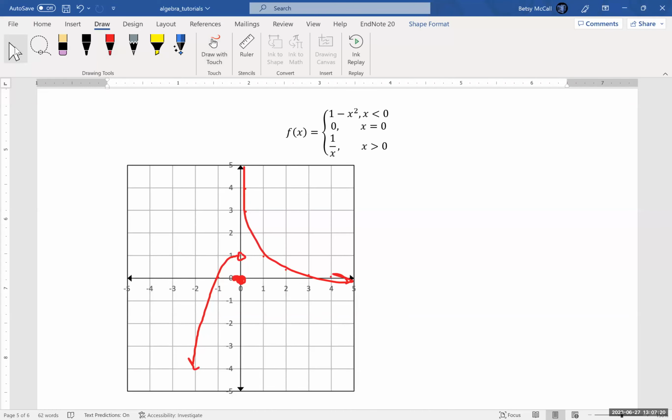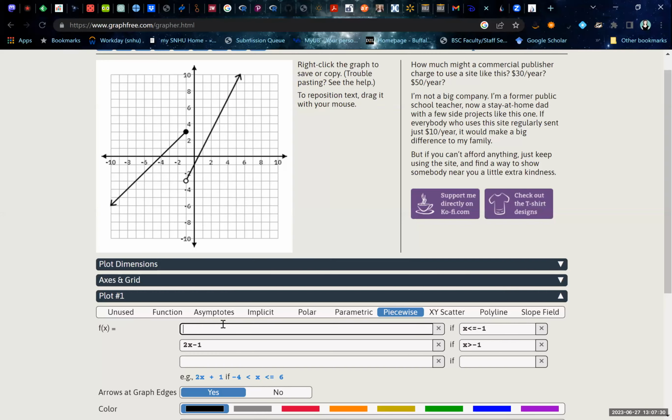And so we're going to go to the graphing program again, and we're going to take a look at what that looks like. And so we had 1 minus x squared when x was less than 0.